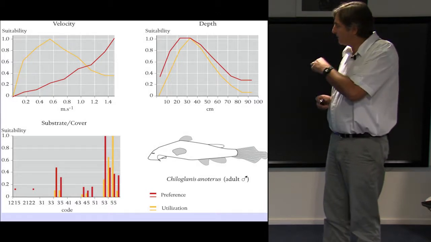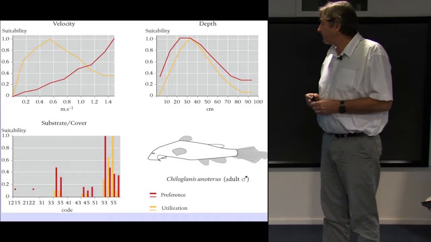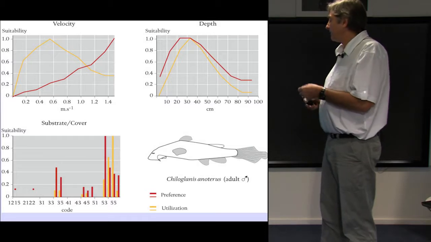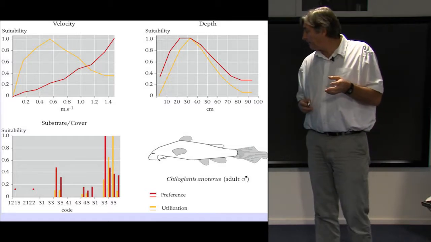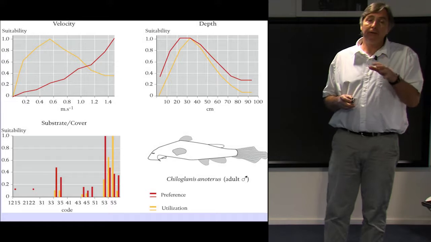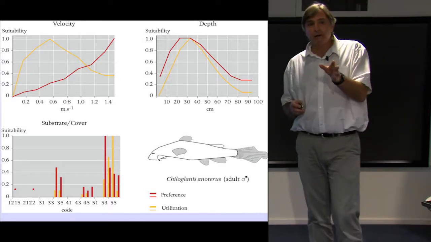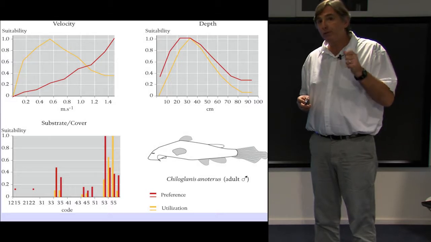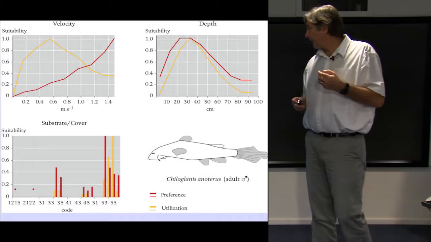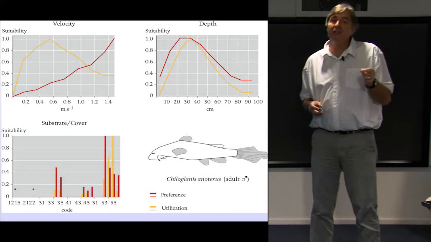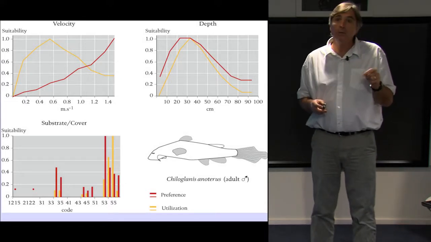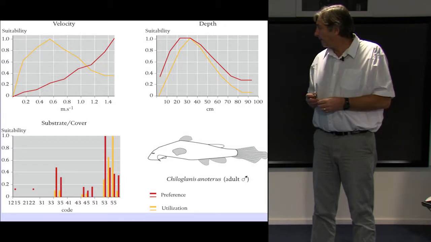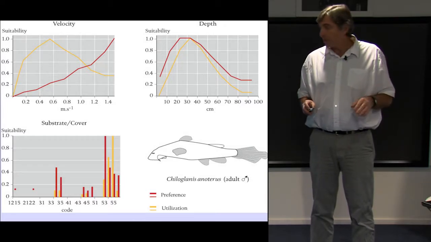You can see that for this species, the faster the velocity, the more they like it, but they like shallow depths, and the substrate cover codes indicate that they like gravel and cobble. So they like these gravelly cobble areas just at the bottom of riffles where the water's fast flowing and shallow. They're going to be the first species to start to disappear when the flows are reduced, those velocities are reduced, and their habitat is not going to be present.